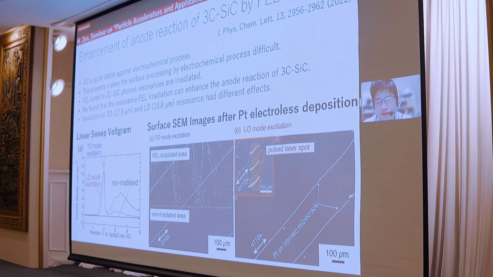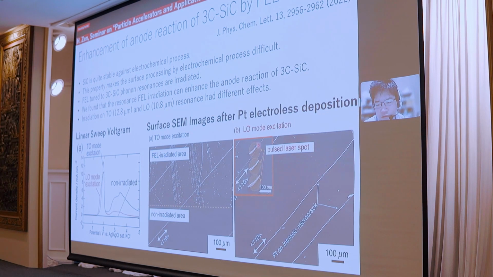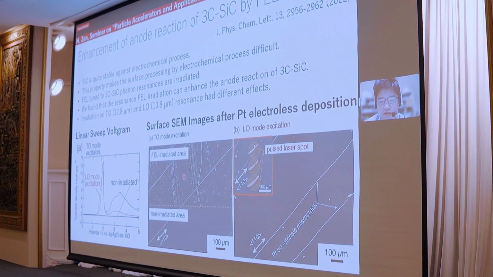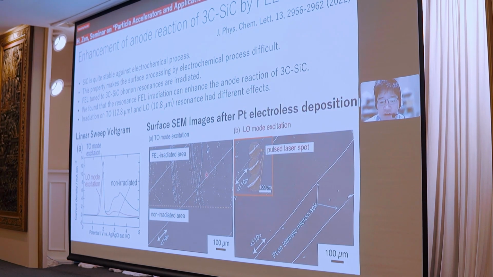But in the case of LO mode excitation, they see this kind of specific shape of platinum electrolysis deposition. This also indicates that TO mode excitation and LO mode excitation have different impacts on the silicon carbide.